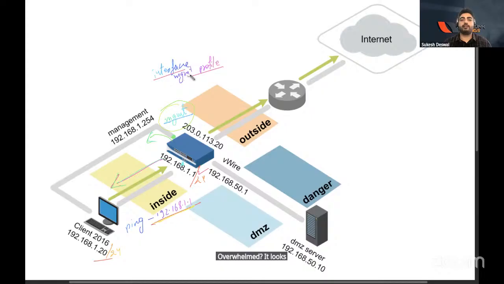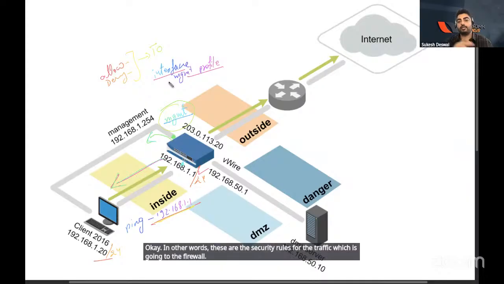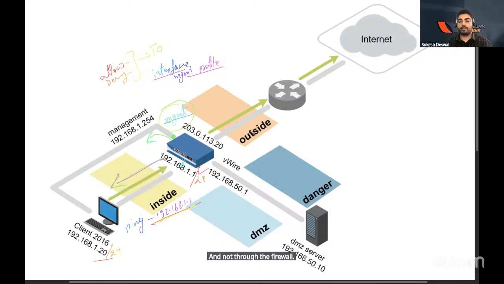It looks like a very tricky name, but you simply specify interface-specific rules here, or you can allow or deny some of the traffic going to the firewall. In other words, these are the security rules for the traffic which is going to the firewall and not through the firewall. All right.